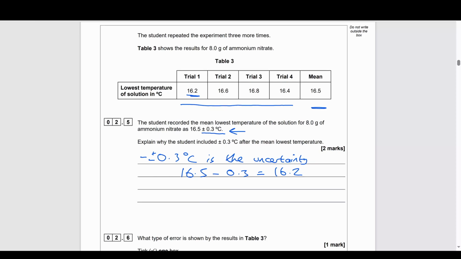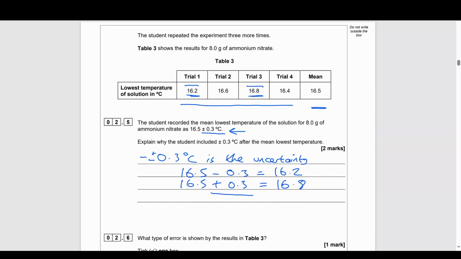If you look at trial 3, it's 16.8, so that's the exact opposite: 16.5 plus 0.3 gives us 16.8. So that's how they've generated this uncertainty of plus or minus 0.3, because it's the largest value from our mean, 16.8, and the smallest value from our mean, 16.2.